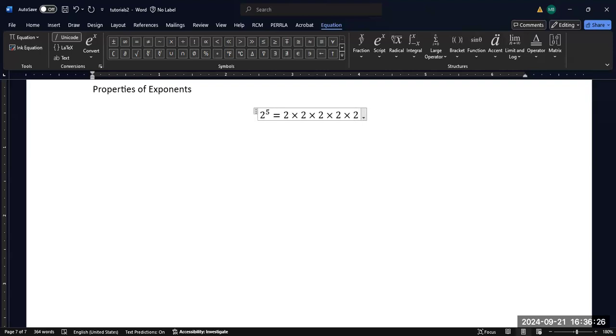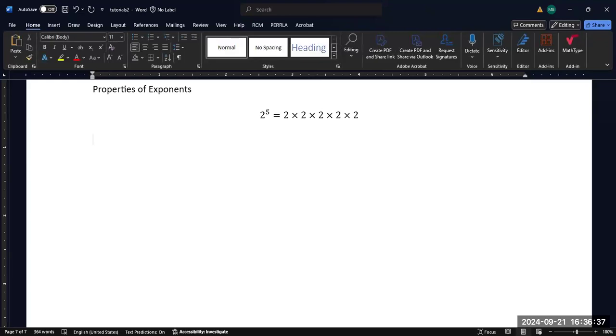So if I multiply 2 by itself 5 times, 2 times 2 times 2 times 2 times 2, that is the equivalent of 2 to the 5th power. So that's what the exponent stands for. Now, all of the properties of exponents that we're going to see are going to be derived from more or less this basic idea.